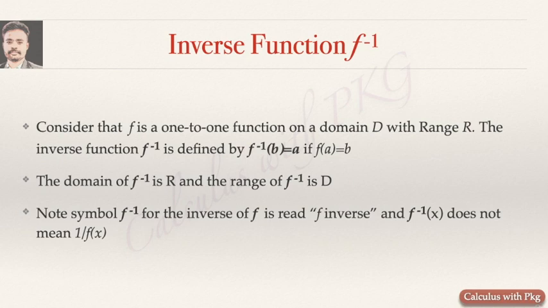The inverse function f to the power minus 1, which is read as f inverse, is defined by f inverse of b equal to a if f of a equal to b. The domain of f inverse is R, which is the range of the original function f, and the range of f inverse is D, which is the domain of the original function f. Note the symbol f inverse does not mean 1 by f of x.